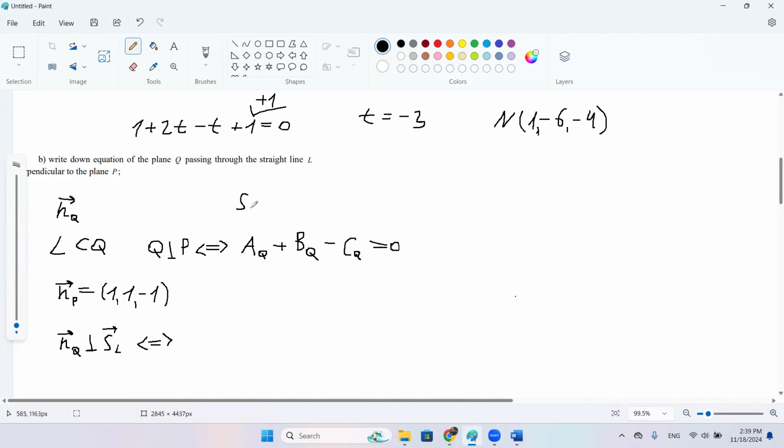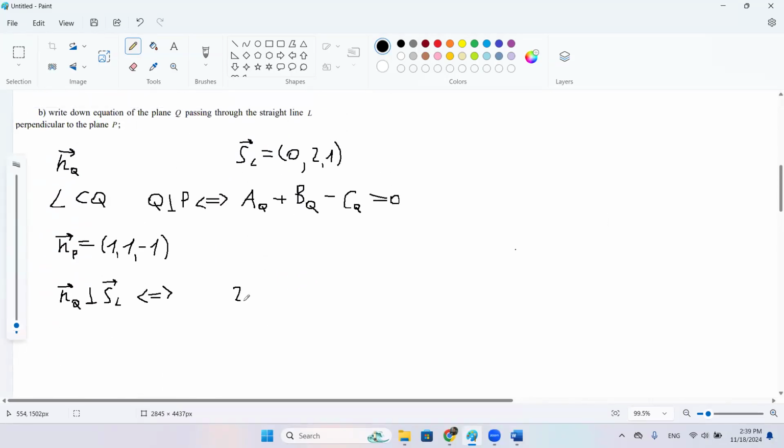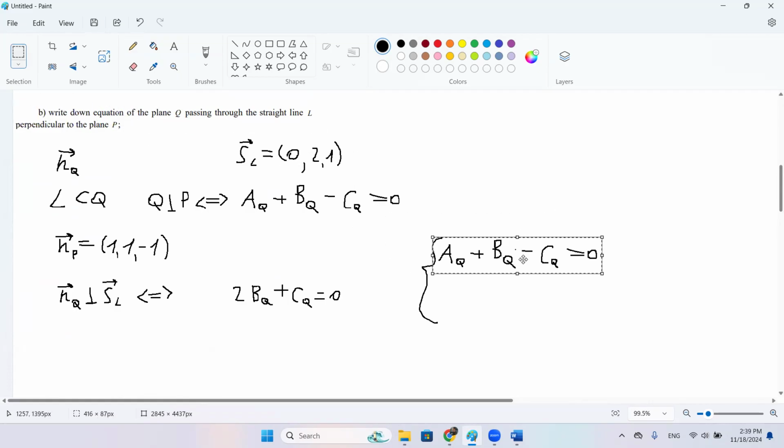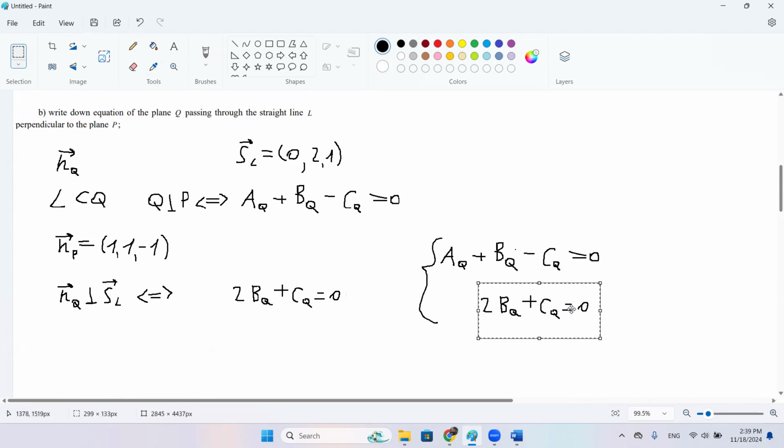So SL has coordinates 0, 0, 1. So 2BQ plus CQ equals 0. And we have a system of linear algebraic equations for these coefficients. By the way, it's also homogeneous.